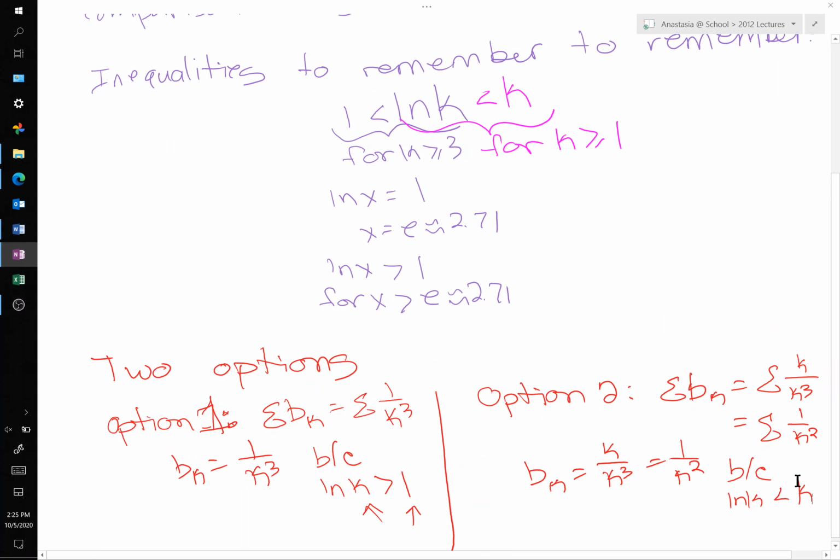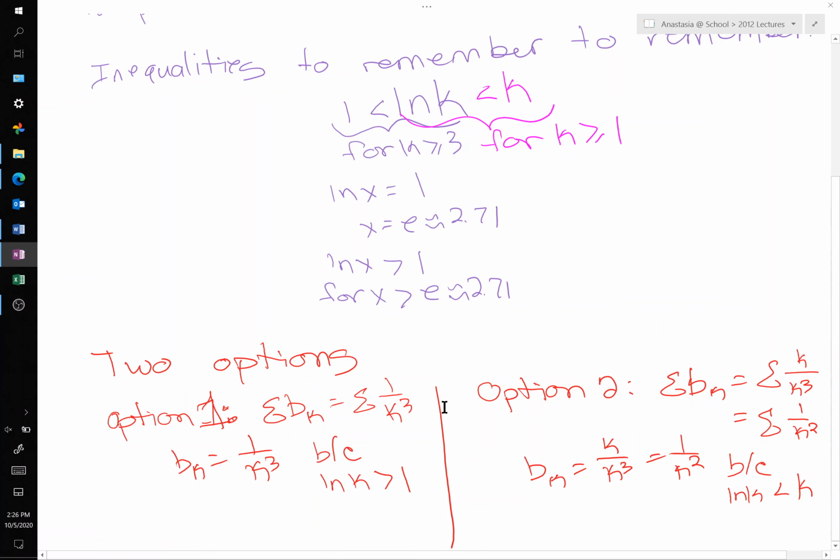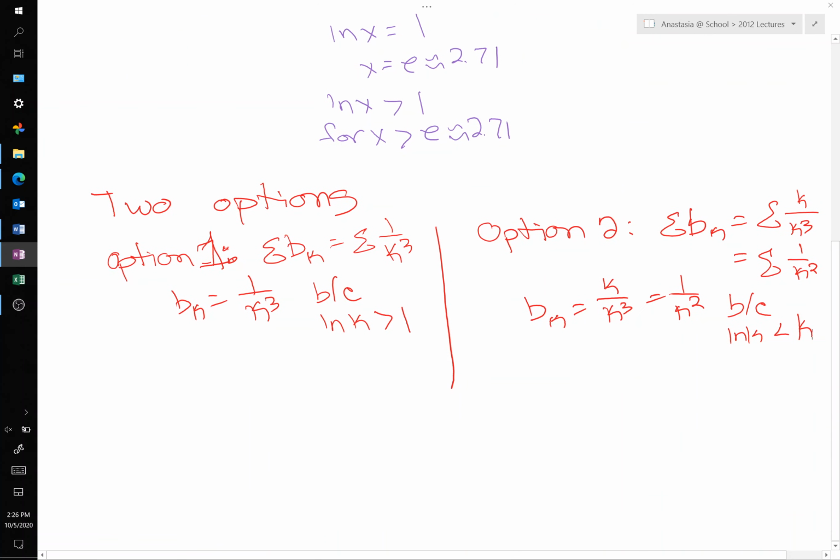So again, I've taken my k and substituted it in the numerator instead of the natural log function. Okay, so that's our first step: come up with what the comparison series is. Now we go through the same 3 steps that we saw in the previous example. So step 1 then is going to be to check the end behavior.